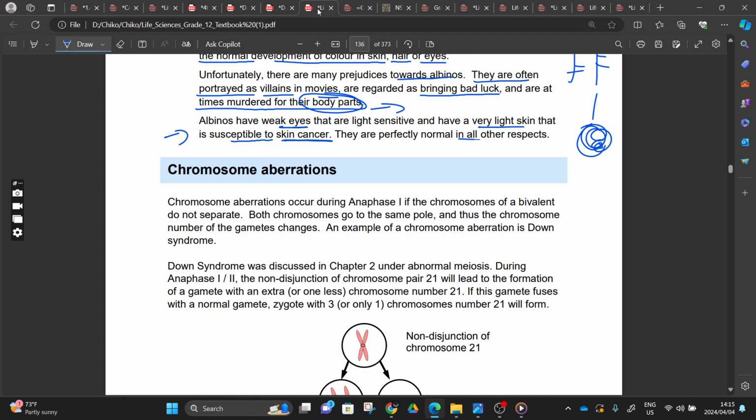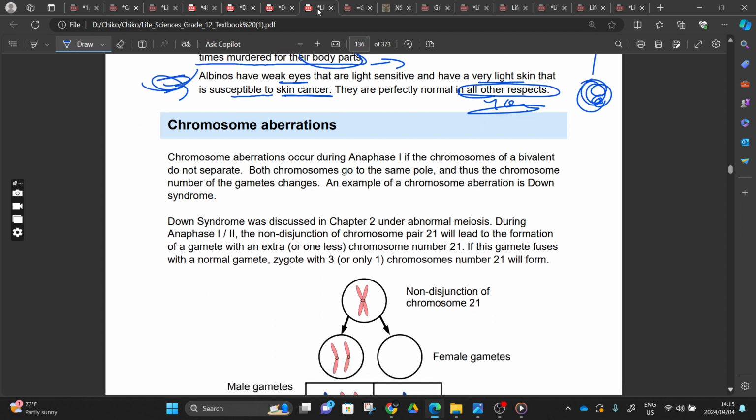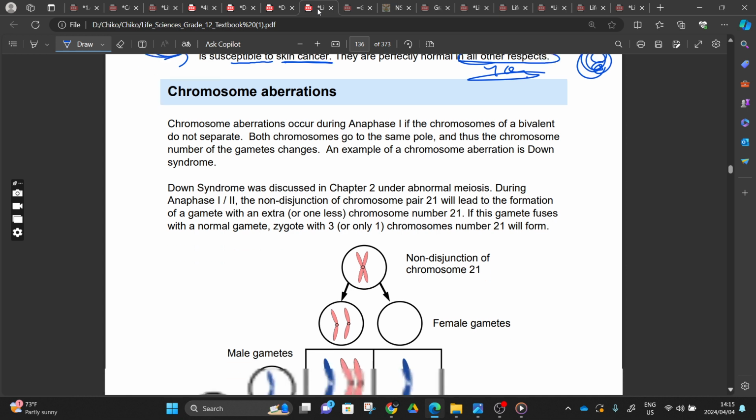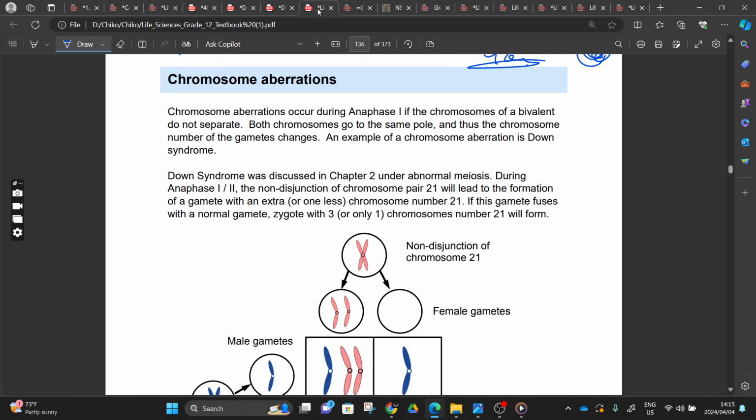They are perfectly normal in all other aspects, guys. 100%. Let's respect people with albinism. They are just people living with that. That's what we say, that these are the people living with albinism. They are not disabled. No one is disabled with albinism. They can do everything that we can do.